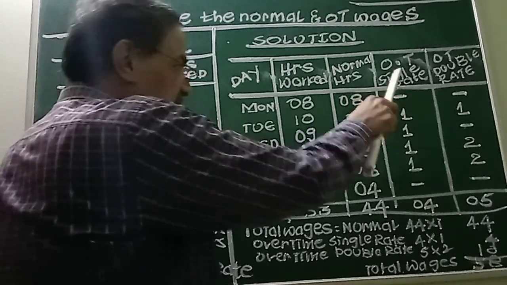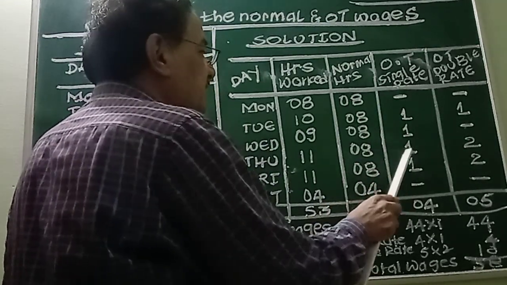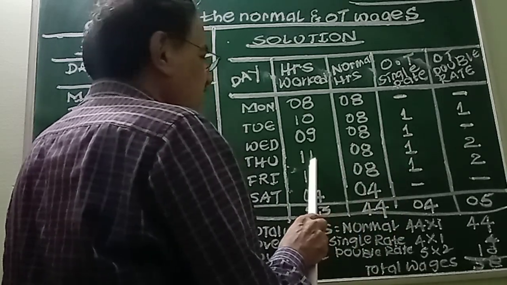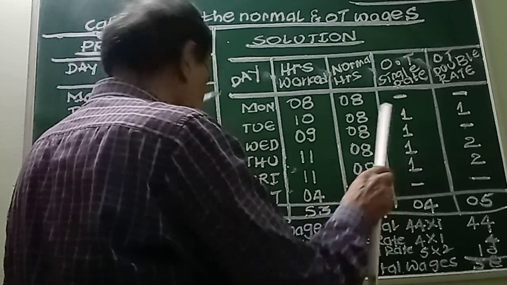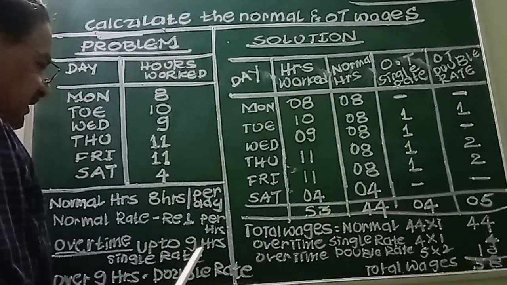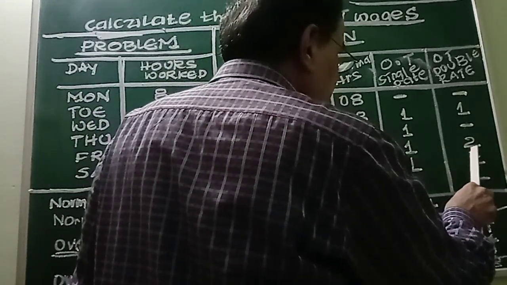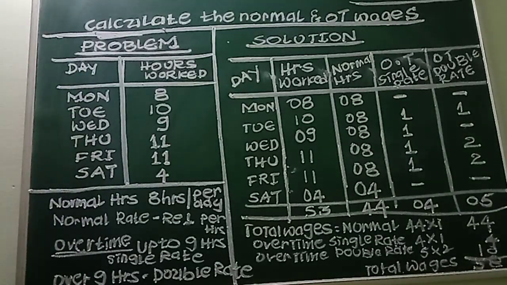I have entered it in the single rate column. That's a very important thing. You will get under single rate 1. So 8 plus 1 is equal to 9. So actual worked is 11. So 2 hours extra he has worked for this slab. So he has exceeded 9 hours, so he is going to get 2 hours extra under double rate. This is what we will have to understand.